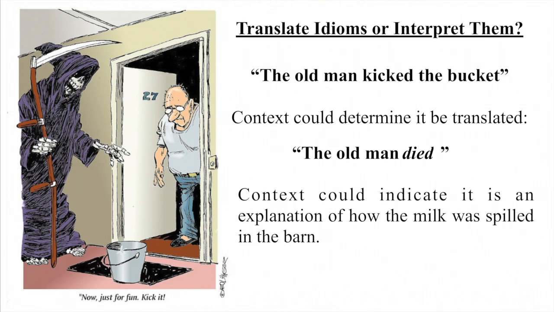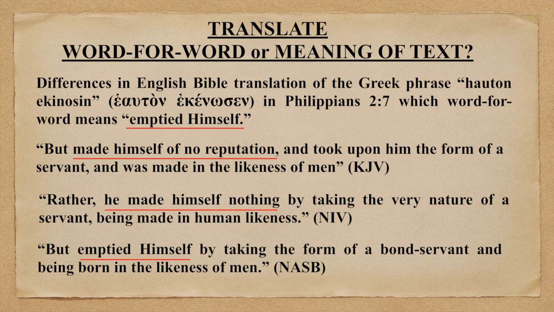If the figurative phrase, kick the bucket, is unique to English, and the event was being translated into another language in which kick the bucket doesn't refer to dying, then the translator has to decide whether to translate it word for word and expect the reader to figure out what it means, or translate the meaning of the phrase as the old man died. So translate word for word or meaning of the text.